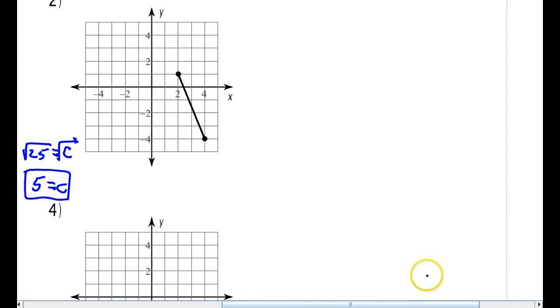All right, so let's give it a shot here. Very similar. Draw your triangle. What are the two sides? 5 and 2. So what approximately will your answer be?